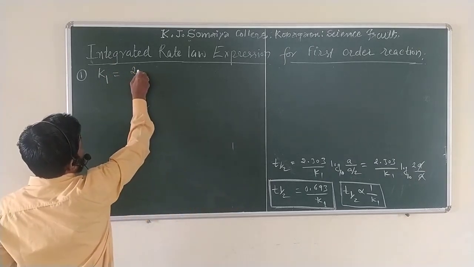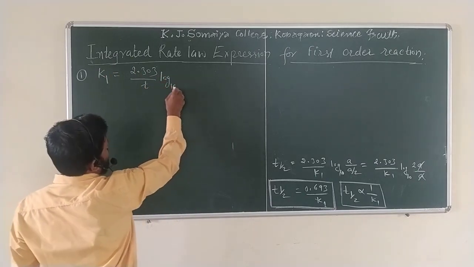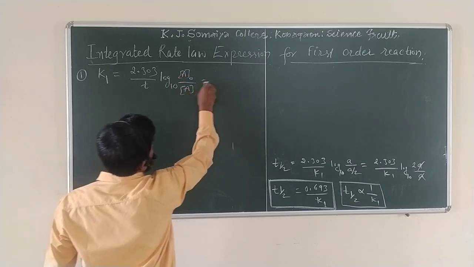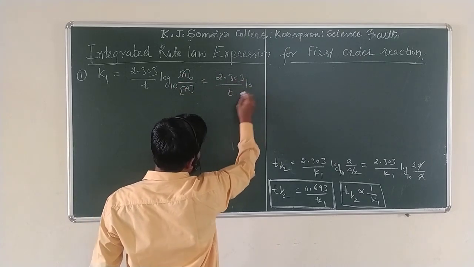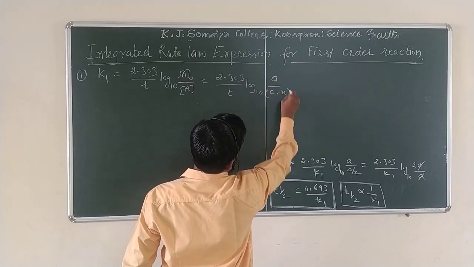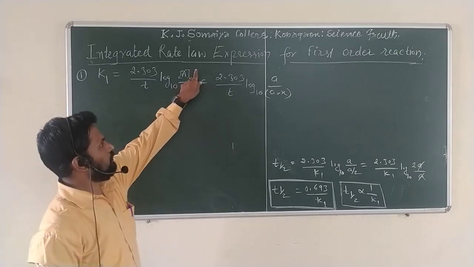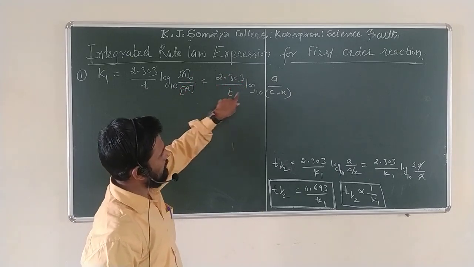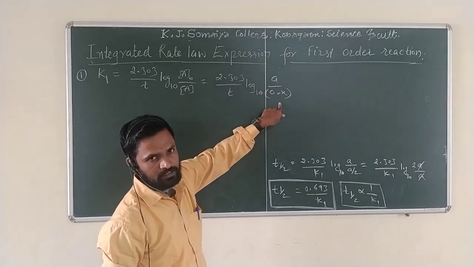What we determined by integrating the equation is 2.303 upon T log 10 of concentration A0 upon concentration A, which is nothing but 2.303 upon T log 10 A upon A minus X. This is one thing.